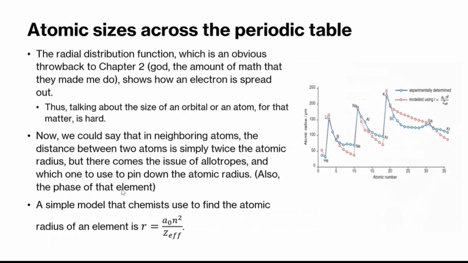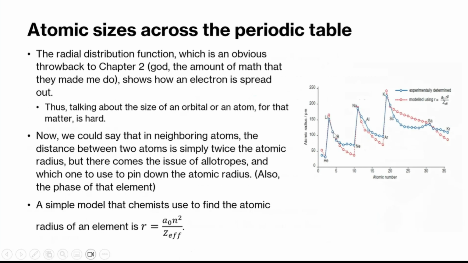So, we need to find some way to derive the atomic sizes using some simple model. Now, what chemists use to find the atomic radius, this is just an extremely simple model, is that the atomic radius is equal to the Bohr radius times n squared, n is the principal quantum number, over the effective nuclear charge.